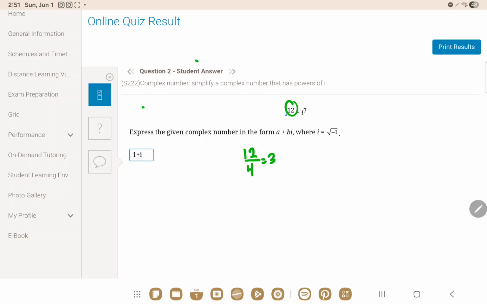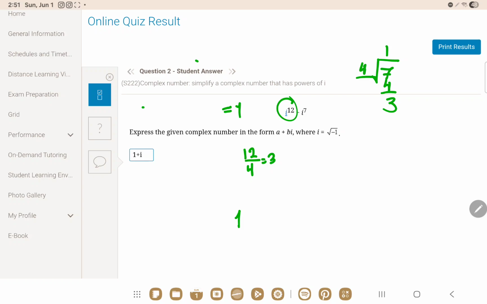If you get a whole number, then i to that power is going to equal 1. Now 7 divided by 4 is going to be 1, and 1 times 4 is 4, so we're left with 3.